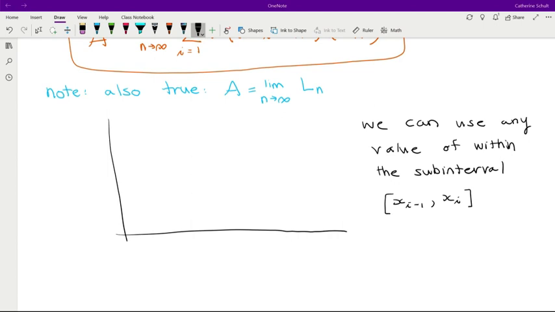And so what we call that when we use any value, not just the left or the right endpoint, that height in the ith subinterval could be, whoops, I forgot the notation. It's notated with the little star, okay? And so that would be the height of the ith rectangle if we don't use the left or right endpoint.